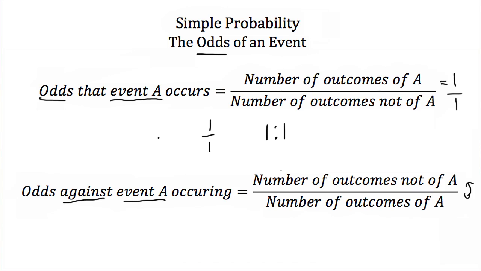So in this case, if we wanted the odds against getting heads when we flipped a coin, then we'd have the number of tails occurrences, which would be 1, over the number of heads that we might get. So 1.